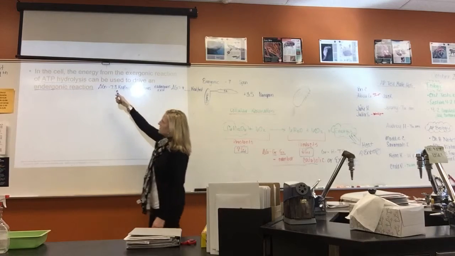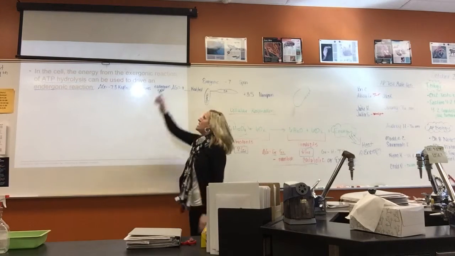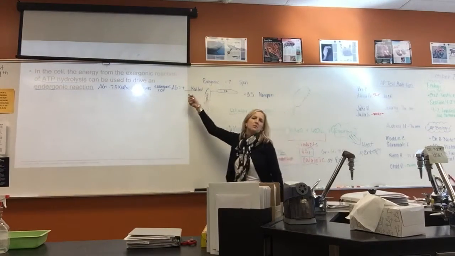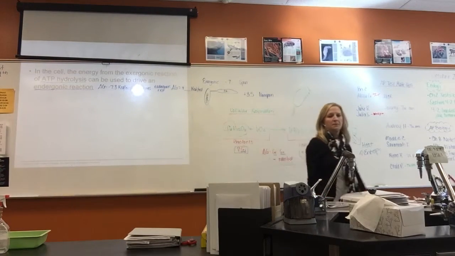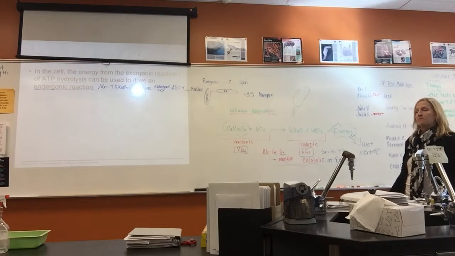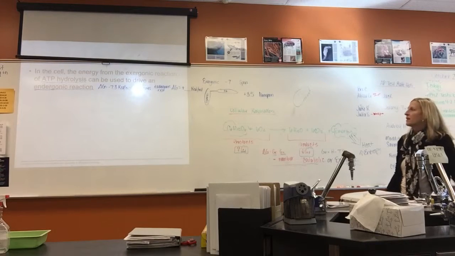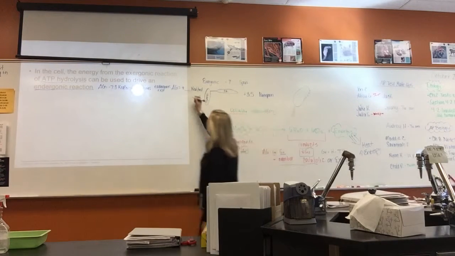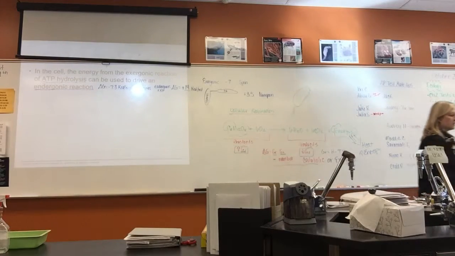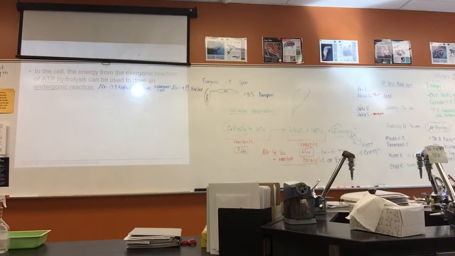If the breakdown of ATP is going to drive an endergonic reaction, what has to be true about this number? Is it greater than 7.3? Well, let me ask you this. What if I put a 14 in here? What is that telling me?